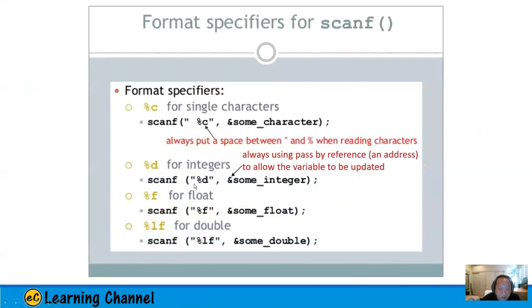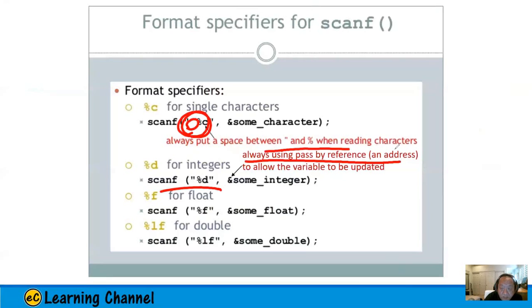And then this one is like the next character. For a character you always put a space between this and the percentage. That is something you need to be careful about. If you want to do a single character, always put a space. With other formats you don't need that, just the character.